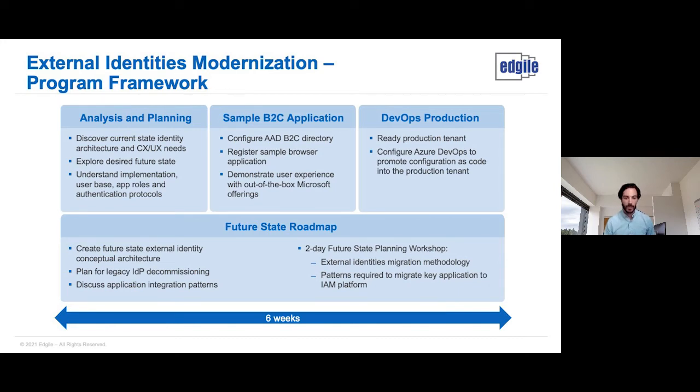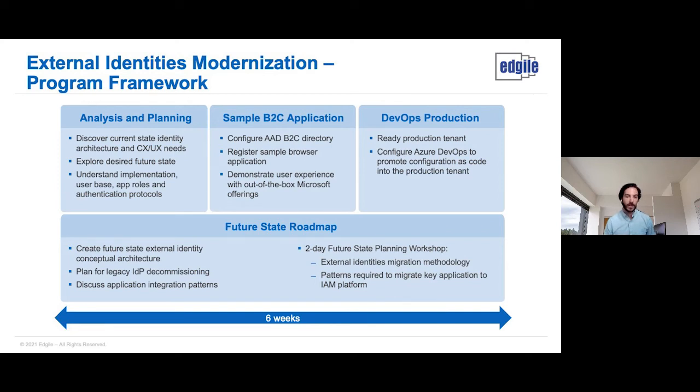So this program, this External Identities Modernization Quick Start, is a 6-week program, and it's part strategy and part proof of value. So the strategy portion is we bring in those experts in security, in customer experience, in user experience, and we do current state analysis. Try and figure out the lay of the land. What is your architecture? Let's look at your app portfolio, that kind of stuff.